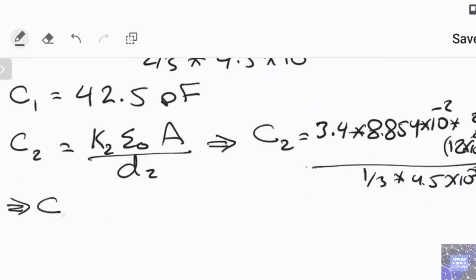And in this case C2 equals 289 picofarad.